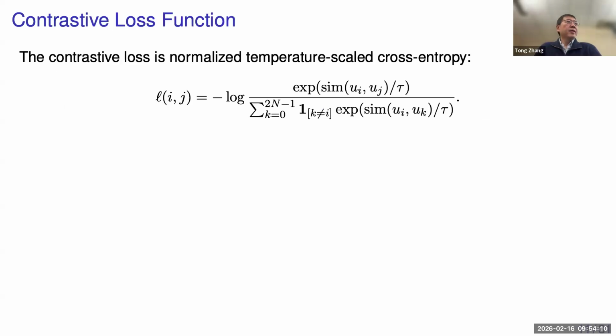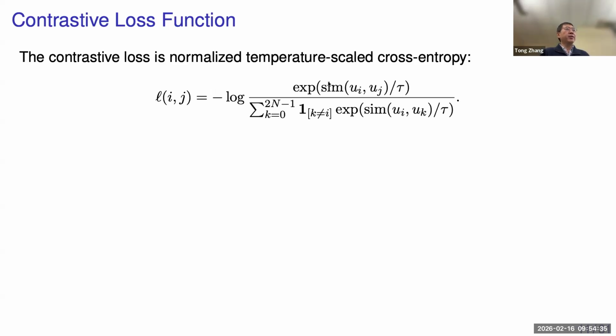The contrastive loss is a normalized temperature-scaled cross entropy. You have a temperature like 0.2 or whatever. So this one, and the similarity of U_i and U_j as vectors. This one is like the softmax, right? And the log likelihood, so this is a kind of cross entropy.